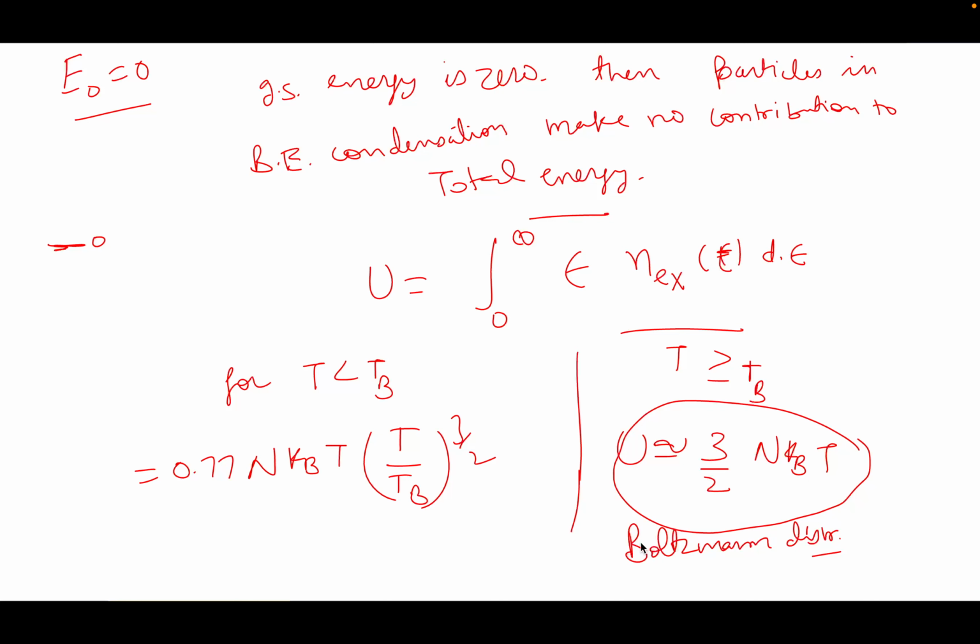So the Boltzmann distribution limit has been reached at high temperature. But at low temperatures, the formula for internal energy is the earlier one.